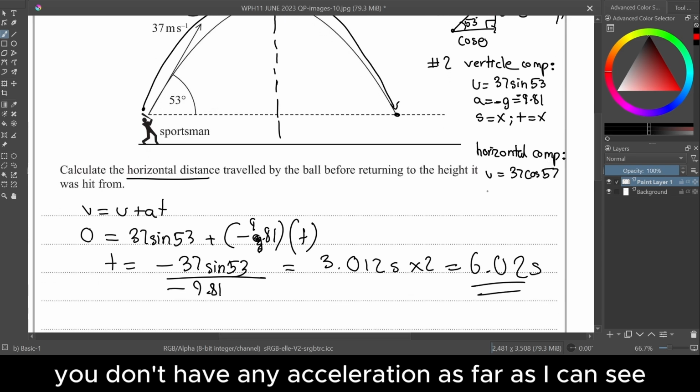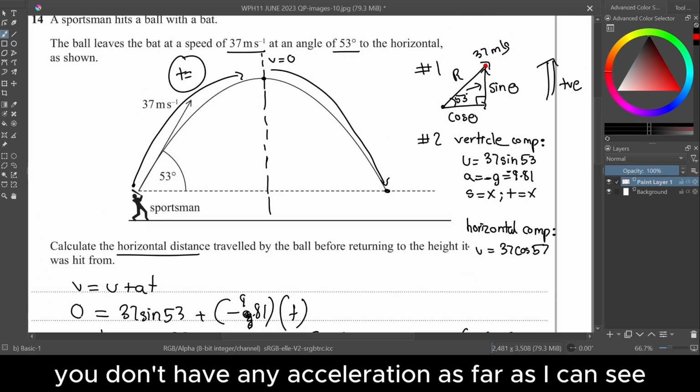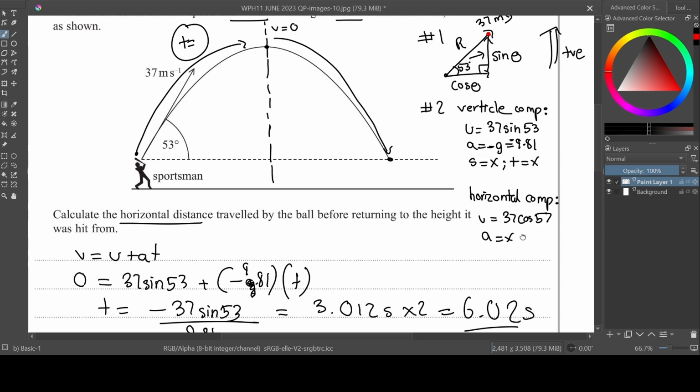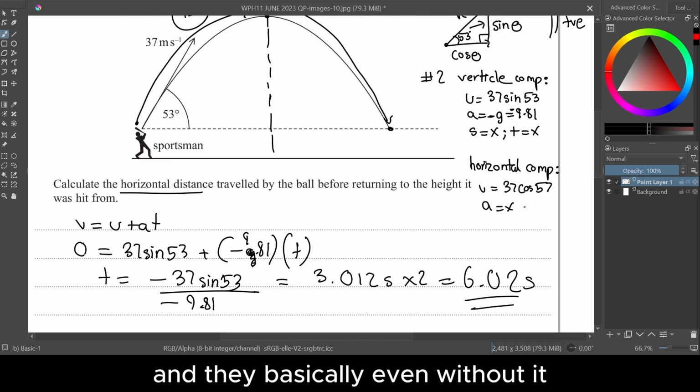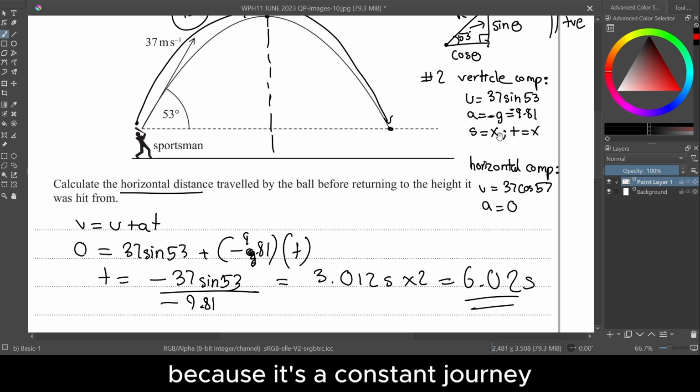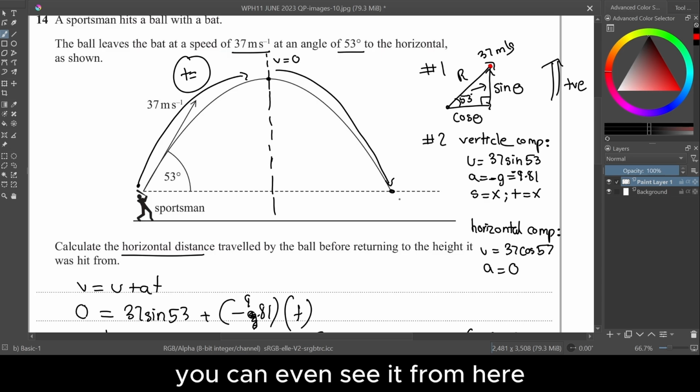You don't have any acceleration. As far as I can see, there is no acceleration given to you, and even without it, your acceleration is actually 0. Why? Because it's a constant journey. You can even see it from here.